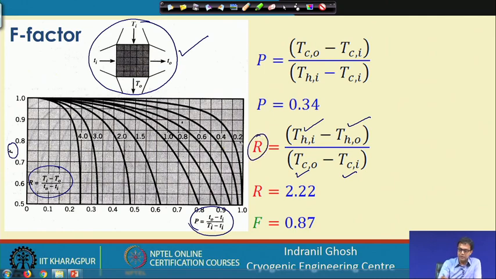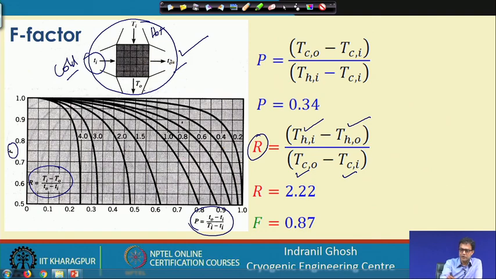And how do we find P? If you look here, P is T0 minus Ti divided by capital Ti minus small ti. The small ti is the cold fluid, and capital Ti is the hot inlet. There are hot inlet, hot exit, cold inlet and cold exit.